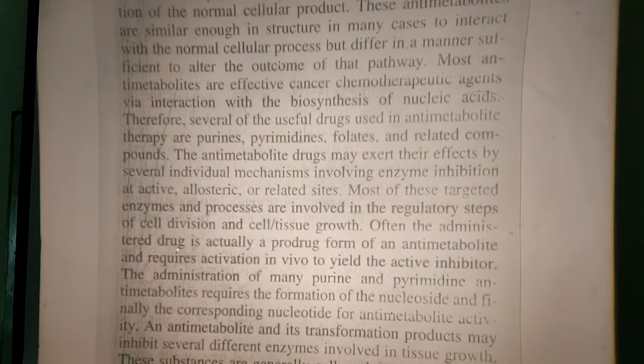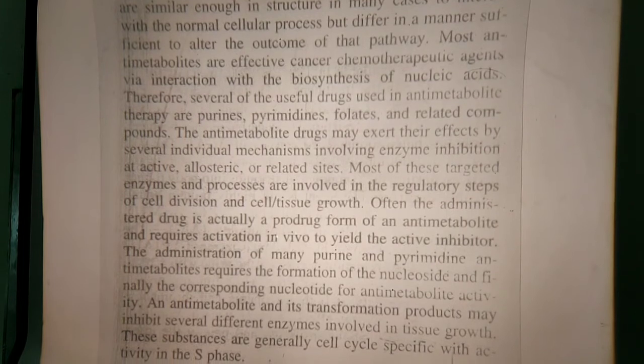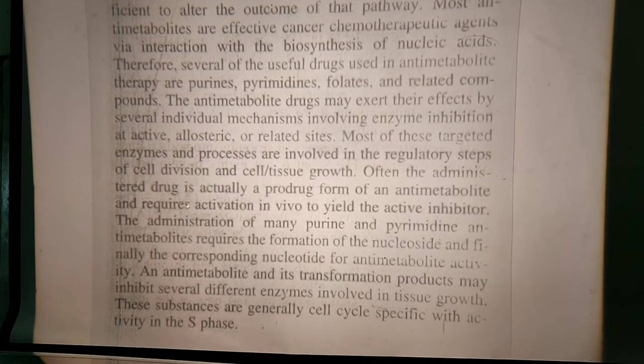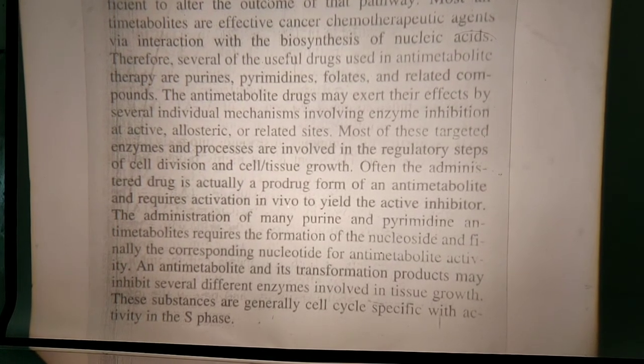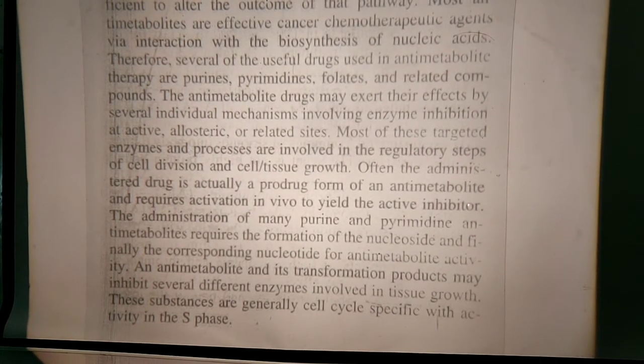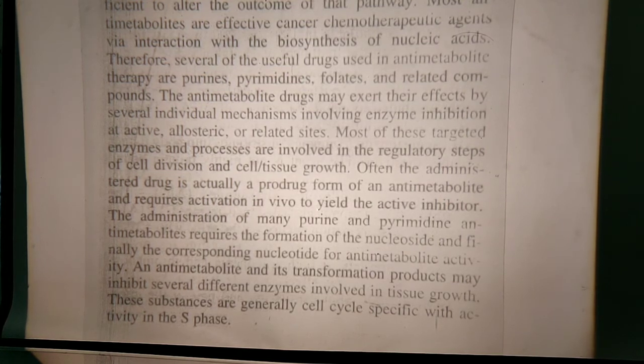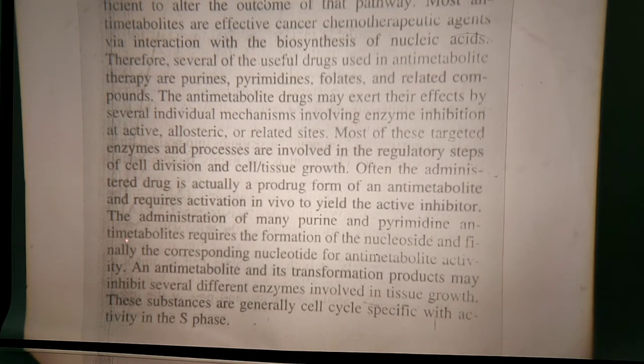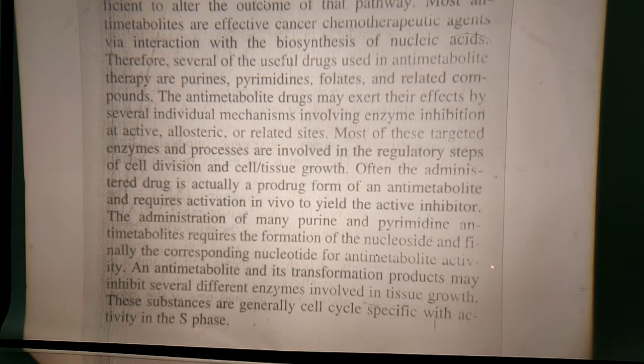Often the administered drug is actually a prodrug form of an antimetabolite and requires activation in vivo to yield the active inhibitor. When it goes into the body, the active inhibitor is formed. The administration of many purine and pyrimidine antimetabolites requires the formation of the nucleoside and finally the corresponding nucleotide for antimetabolite activity.